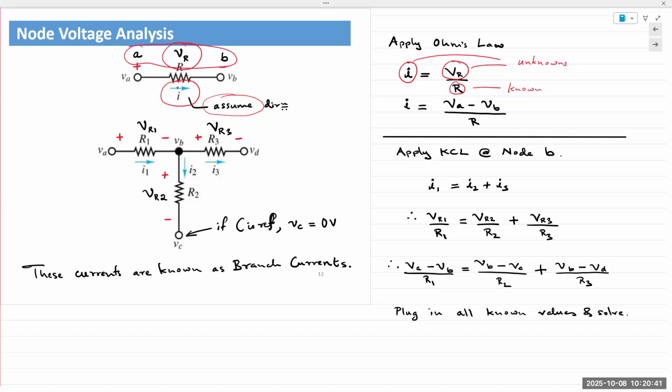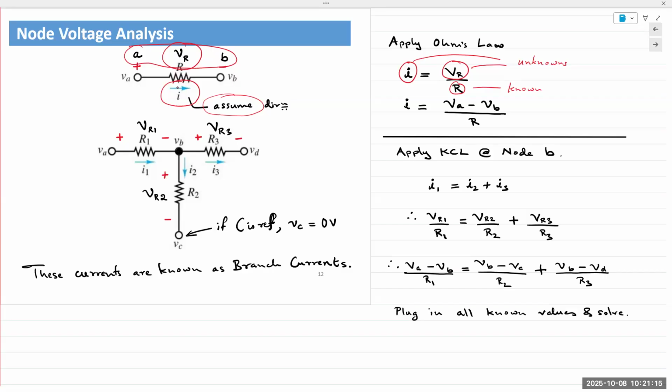And this is where the assumption is important. If we assume that the current is flowing from left to right, that means we are assuming VA is higher than VB. So in our equation, it becomes VA minus VB. We are describing the resistor voltage VR as the difference between the two endpoints, VA and VB. And because we assume the current as flowing from left to right, it is VA minus VB.